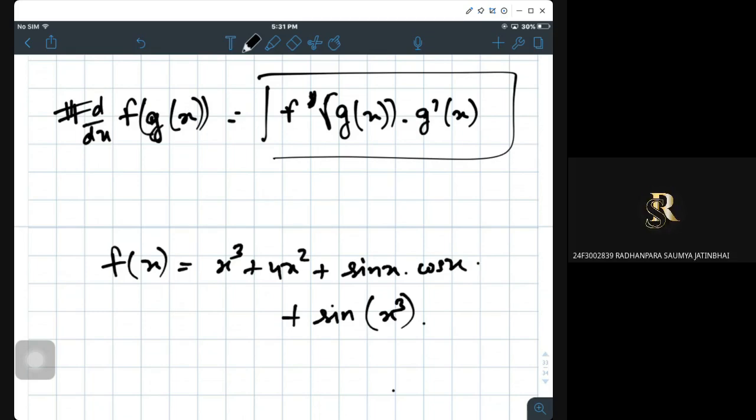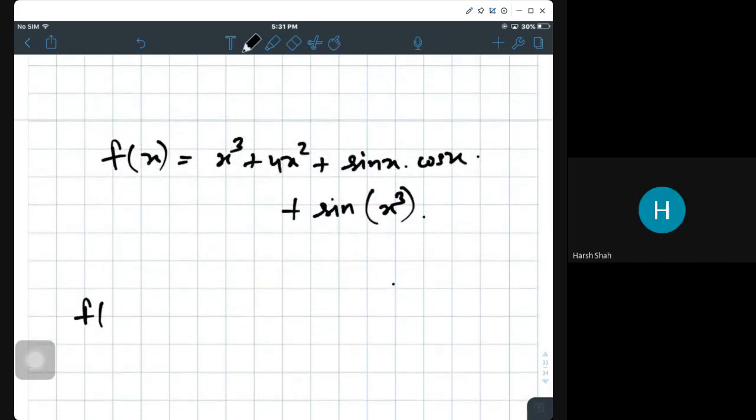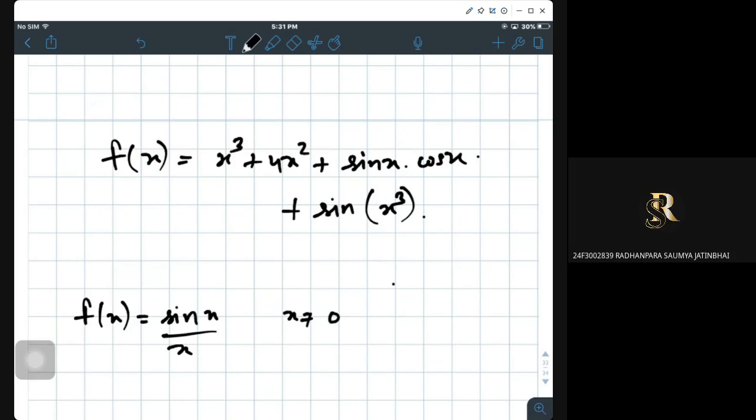This is a function. f of x equal to 1 when x equal to 0, and sin x by x when x not equal to 0.